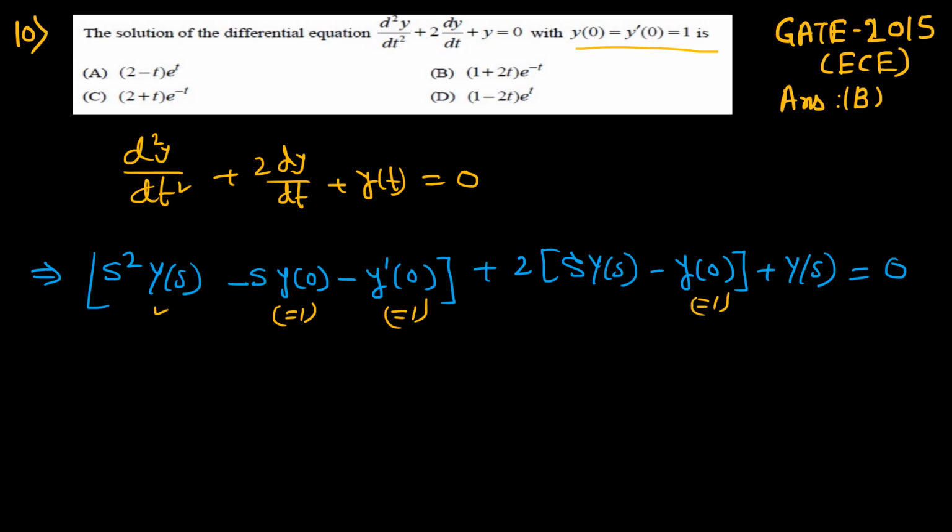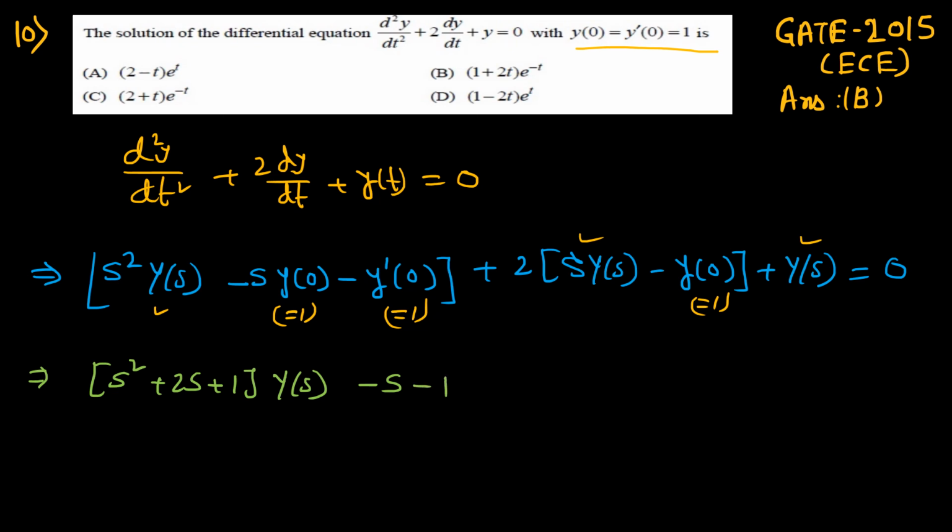So first we can collect these three terms. Okay. So what we will get? This is your s square, this one is plus 2s, and here it is 1 times Y of s. Then this is minus s.